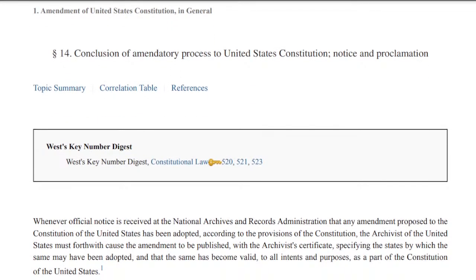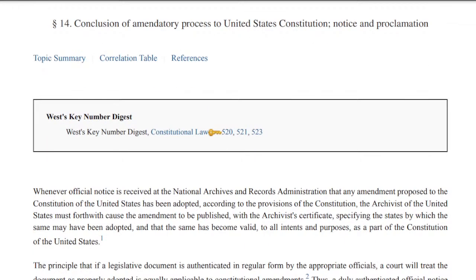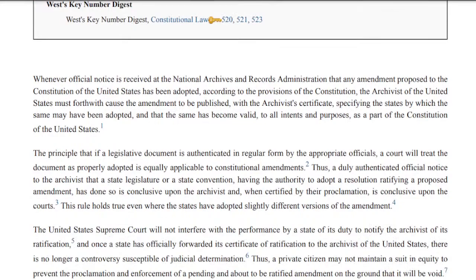All right, let's continue here. Conclusion of a mandatory process to the United States Constitution, notice and proclamation.